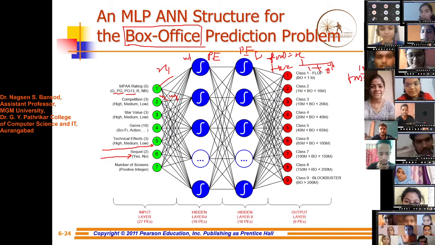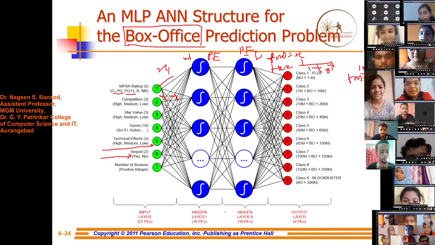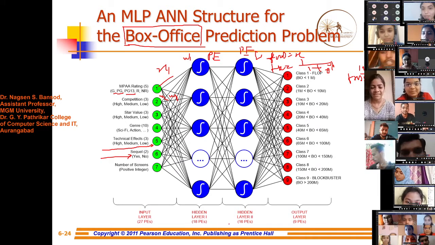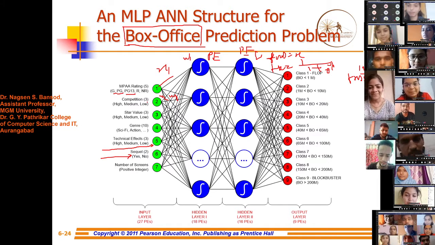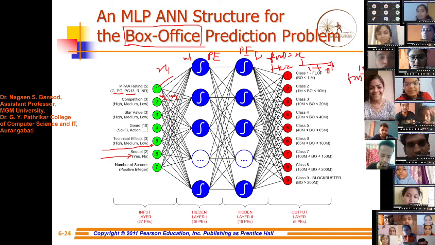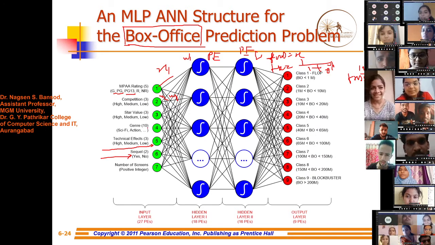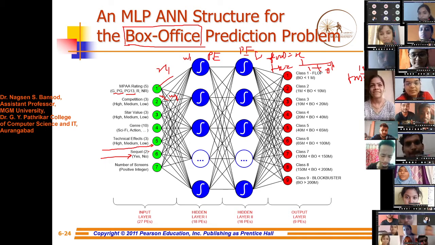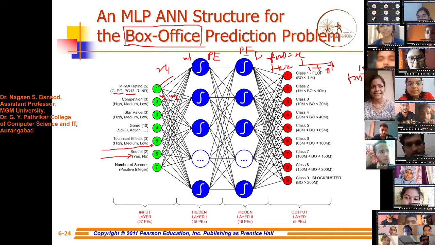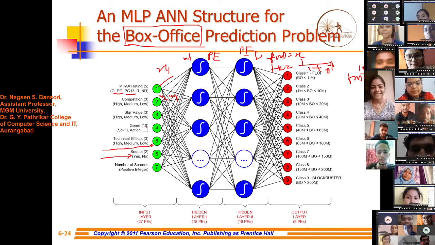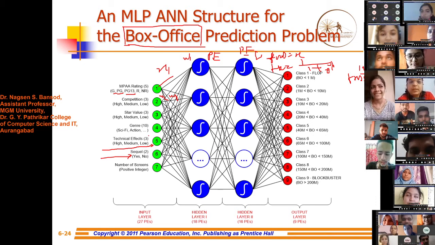There are hidden layer 1, hidden layer 2, and the input layer. 27 processing elements are there: 5, 3, 3, 10, 3, 2.